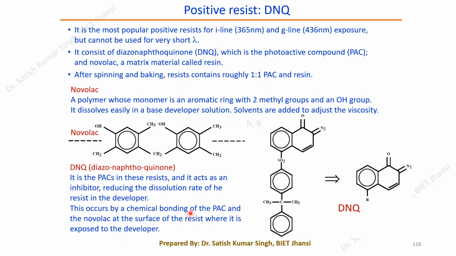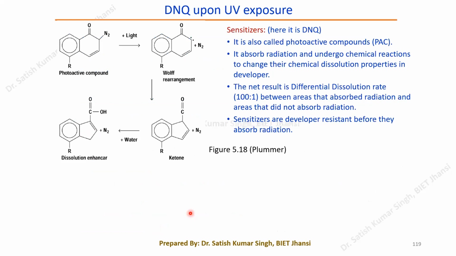Now, what happens when we expose the light, the UV rays? As we know, Novolac is not going to undergo any chemical changes because of the UV rays, but the DNQ is going to have certain chemical changes in this particular portion.